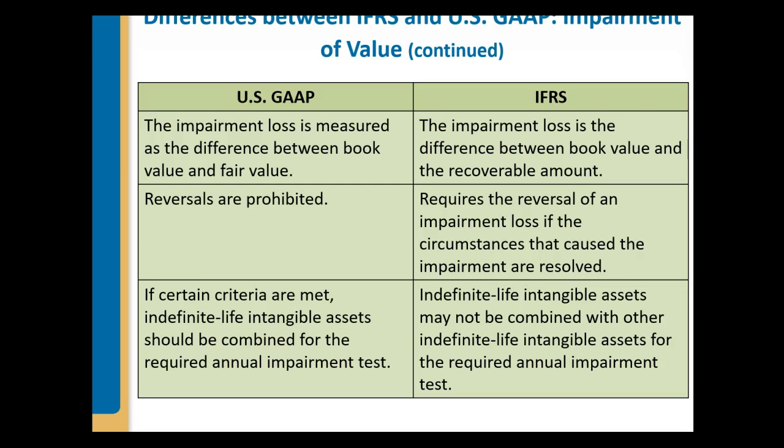Indefinite life intangible assets may not be combined with other indefinite life intangible assets for the required annual impairment test. Under GAAP, in certain criteria, if they're met, indefinite life intangible assets can be combined for the required annual impairment test.